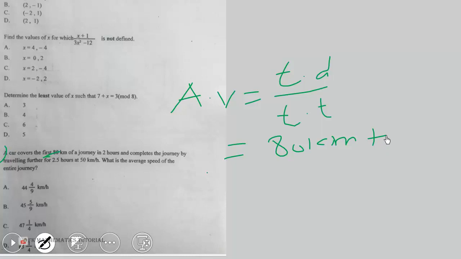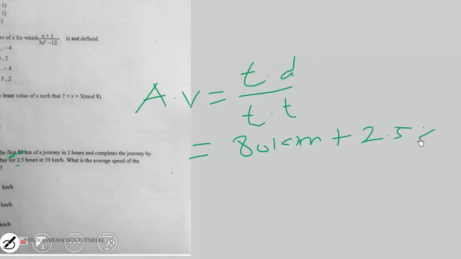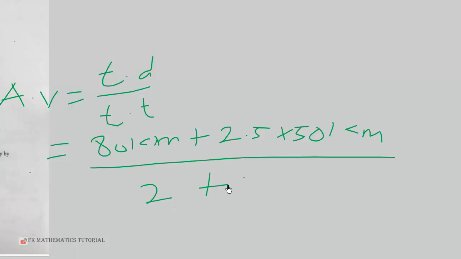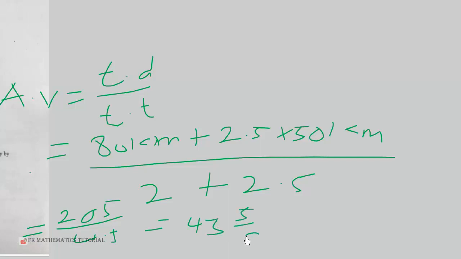Covering 50 kilometers per hour in 2.5 hours will give you 2.5 times 50 kilometers, all over the total time taken, 2 hours plus 2.5 hours. So that will give us 205 over 4.5, which is equal to 45 5/9 kilometers per hour.